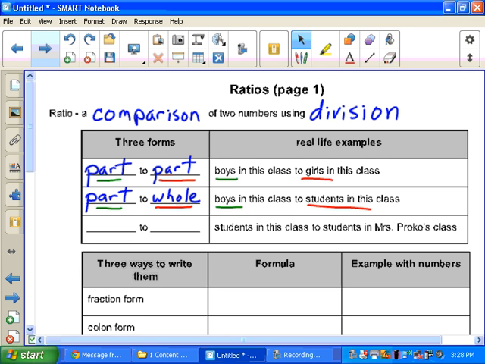Every fraction that you have dealt with up to now is a part to whole comparison, with the numerator being the part, whether it's the part that's shaded, part that's eaten, part that's left, and the denominator being a number of pieces in the whole thing. That's a part to whole comparison. And the last type is a whole to whole.